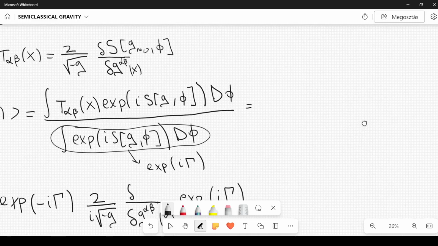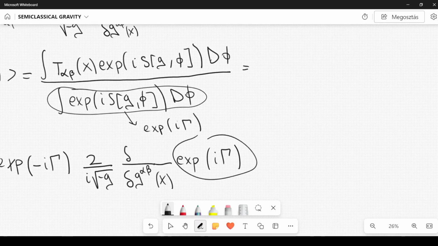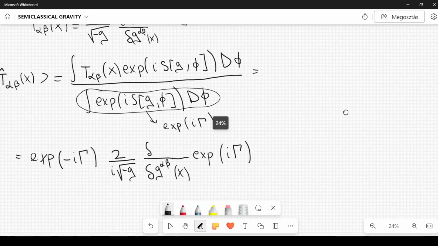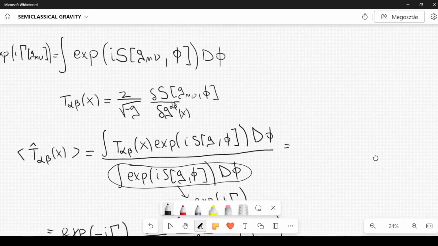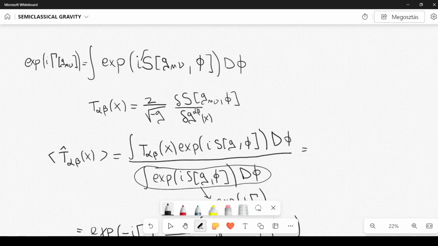So if we rewrite that as a derivative of the exponential of i gamma, you can see that when you take the derivative, this factor of i will cancel, and the functional derivative of S will appear here. It's due to the chain rule when you take the derivative of the exponential.